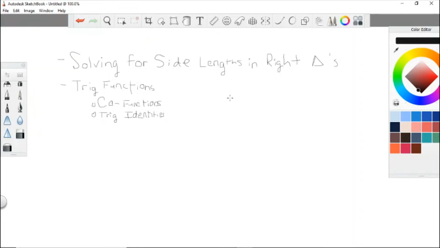So we need to learn the basics first. Sine, cosine, and tangent.